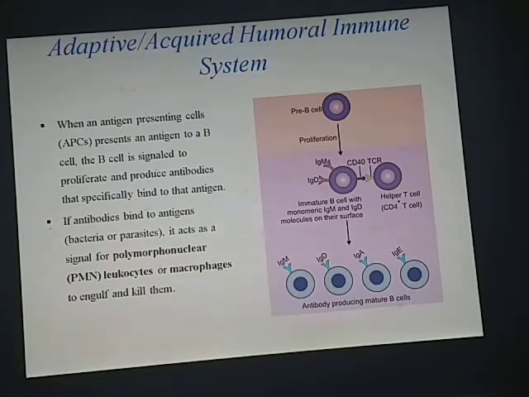When antigen presenting cells, or APCs, present an antigen, the B cell is signaled to proliferate and produce antibodies that specifically bind to that antigen. If the antibody binds to an antigen, maybe a bacterium or parasite, it acts as a signal for polymorphonuclear leukocytes or macrophages to engulf and kill them.